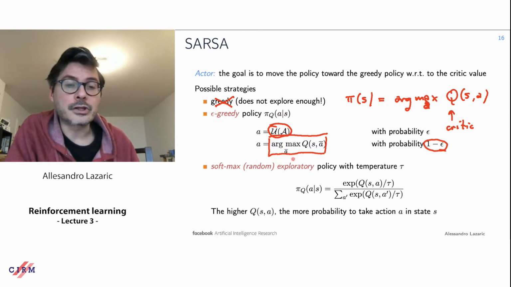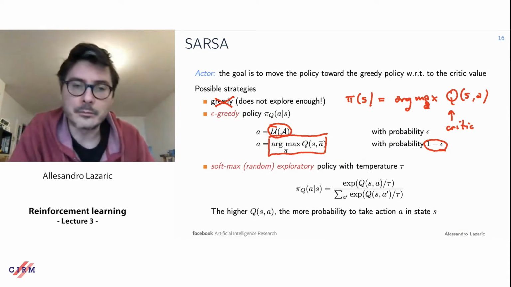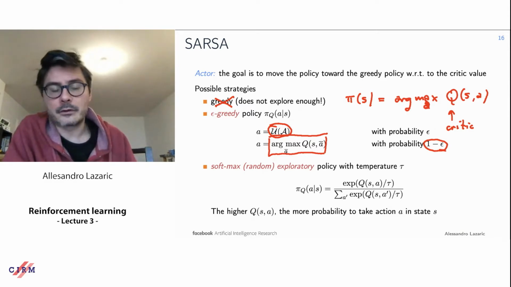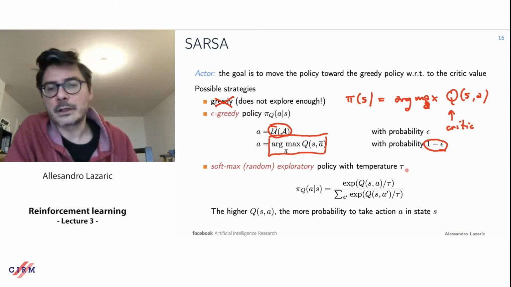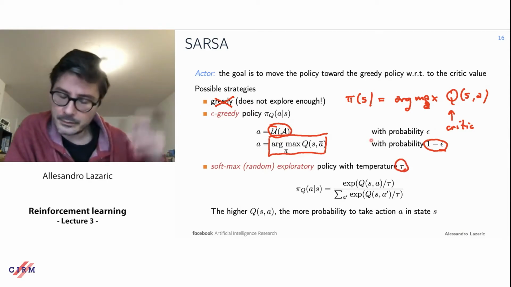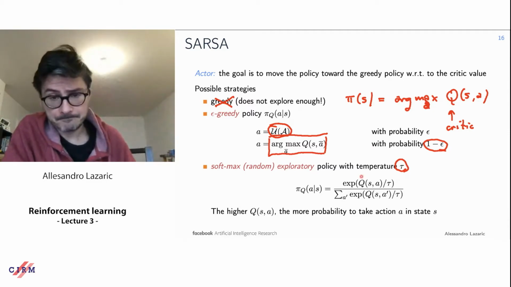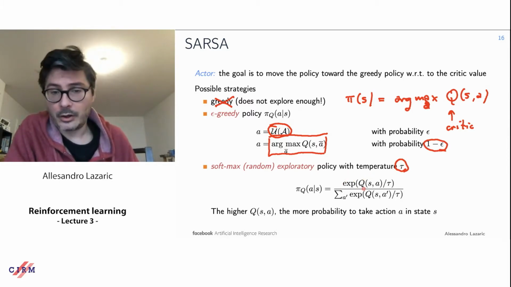Alternatively, this is a very sharp randomization. Either I take something totally at random or I'm explicitly greedy. A smoother way of doing this is by doing just a softmax operation with some temperature level tau. You probably have seen this also in other contexts. Softmax over a vector is just the normalized exponential of the vector.